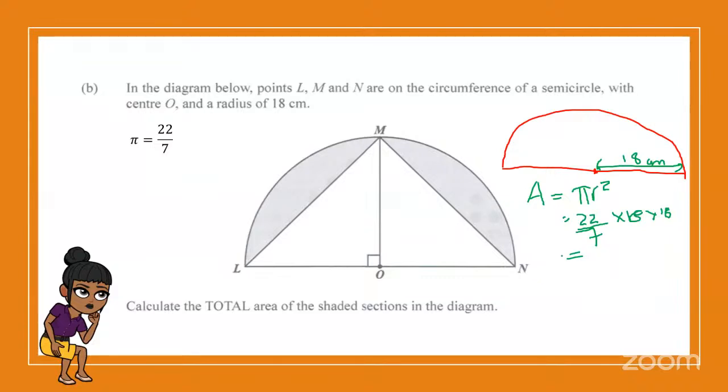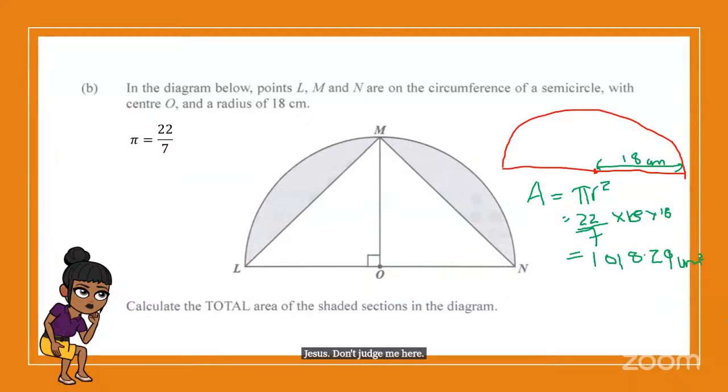I got 1018.29. All right. Thank you for that, to 2 decimal places. Anybody else get the same answer? Yes. All right. And we're talking about square centimeters, not true?